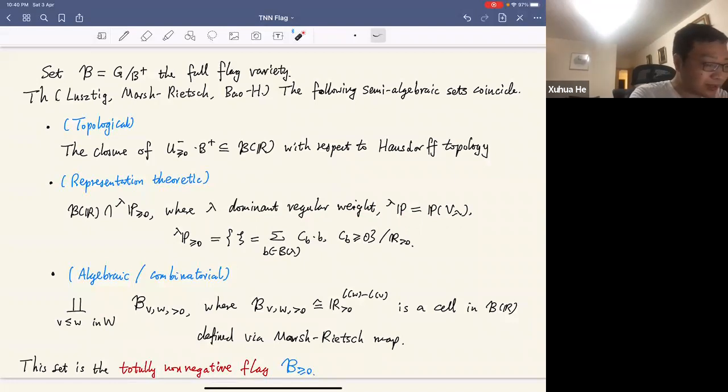So we just consider the intersection of the flag variety with the totally non-negative part of this projective space. The totally non-negative part is where we consider the non-negative linear combinations of the canonical basis.